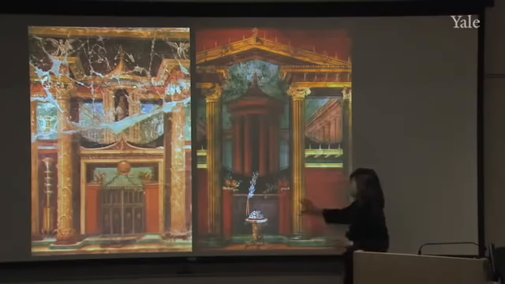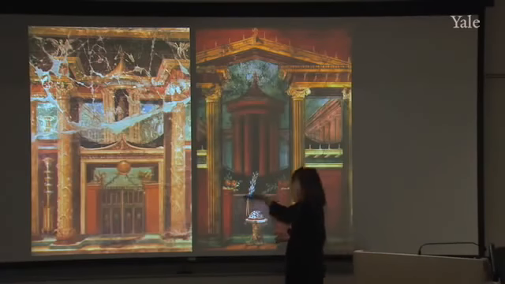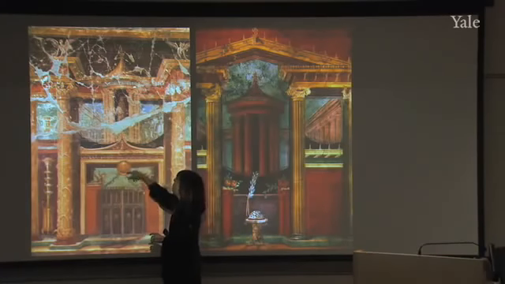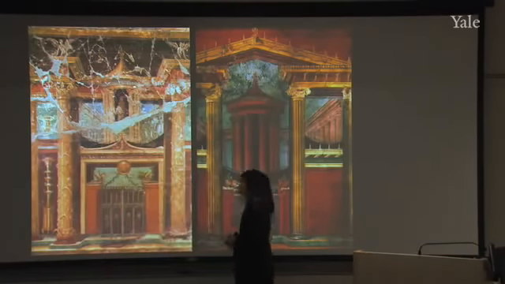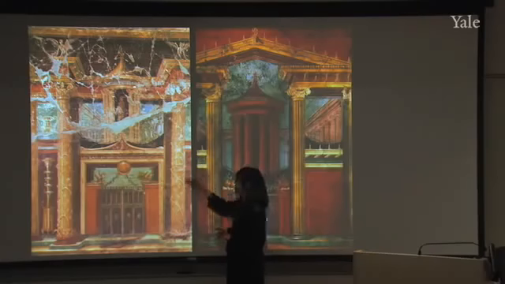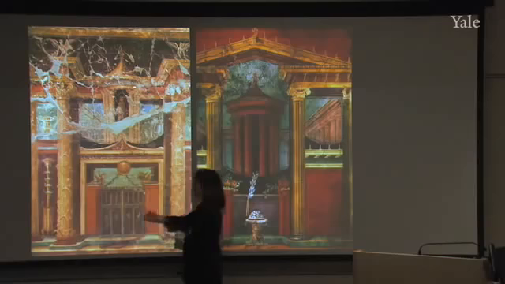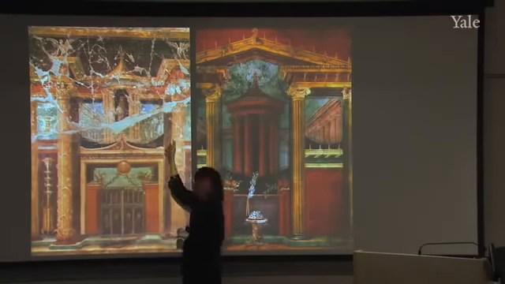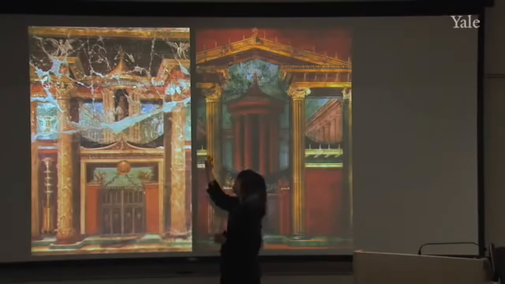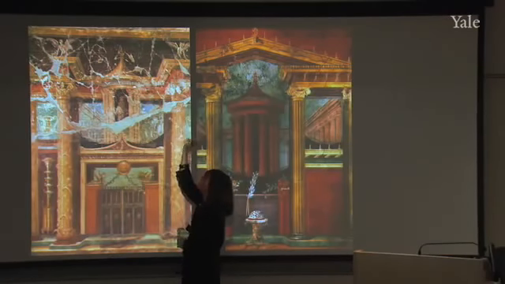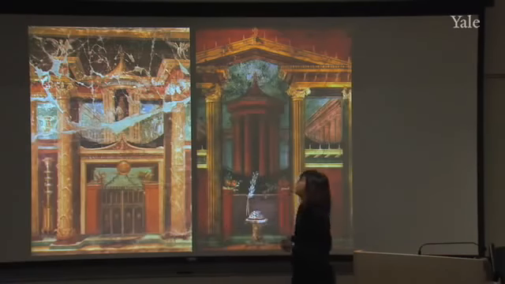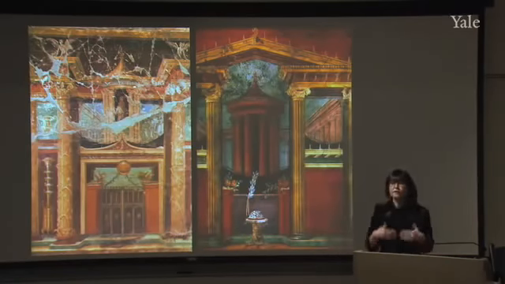Just as at Boscoreale, we see the gateway that seems to separate us from what lies beyond, and we see again the structure surrounded by blue sky. We also see these very substantial columns that are characteristic of the second style, projecting out into the spectator's space, supporting entablatures that also project out into the spectator's space, and supporting also a lintel that has a ceiling with coffers that recede into depth.